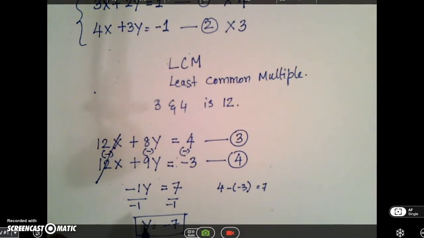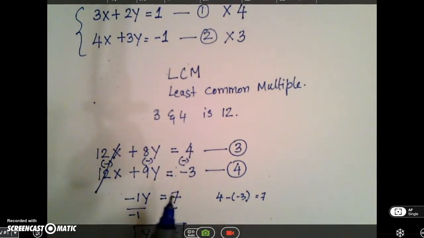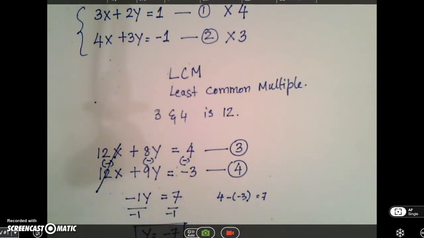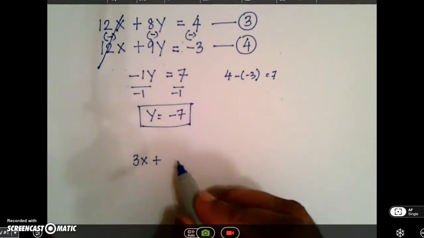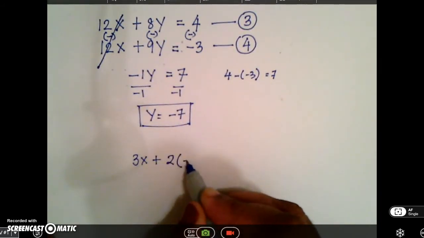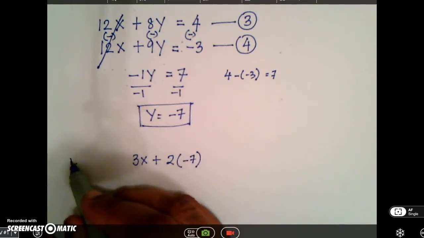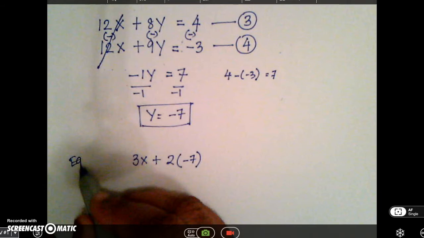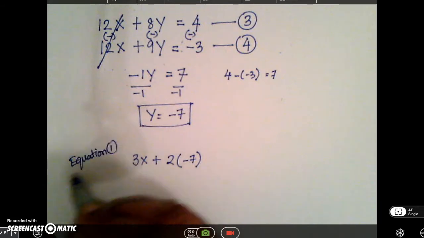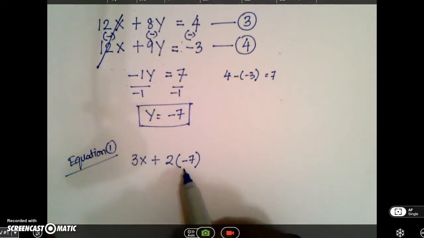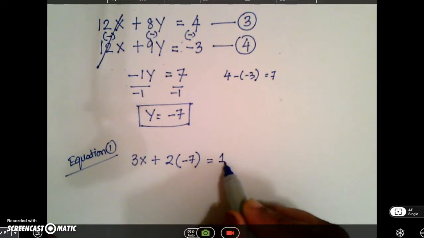So if I plug in y equal to negative 7 in any one of the equations, I can figure out what x is. So I have 3x plus 2 times negative 7. I am putting it in equation 1. 3x plus 2 times negative 7 equal to 1.